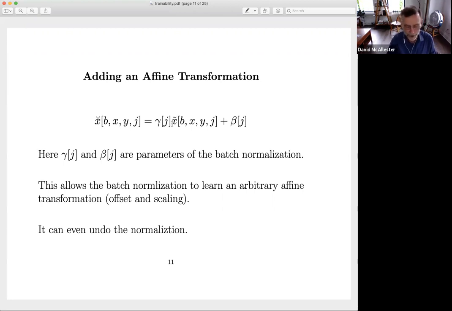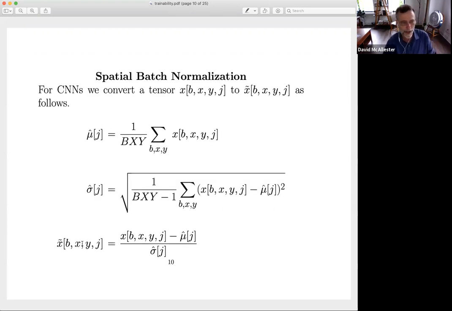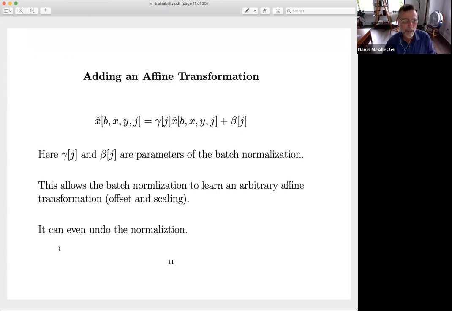It takes the thing we just defined, which is corrected to have zero mean and unit variance, and applies a scaling and an offset. This makes it possible for the system to even learn to undo that normalization. It makes it possible to express different kinds of inputs to the activation function that aren't necessarily zero mean and unit variance.